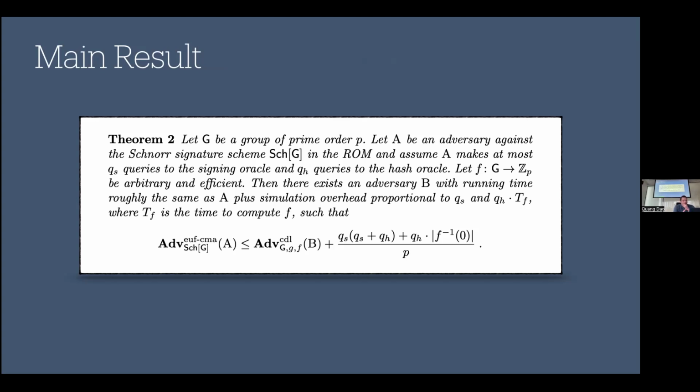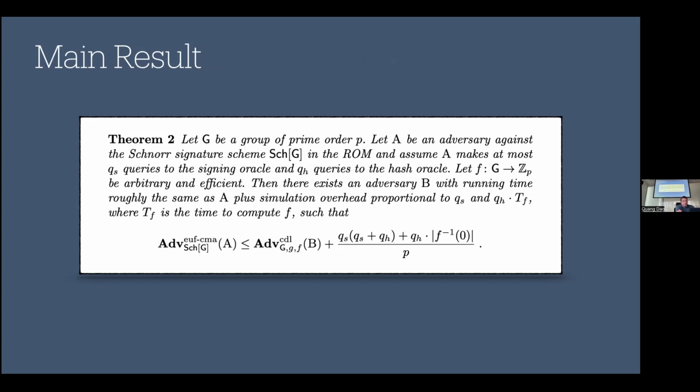The interesting thing is that we have a term proportional to the pre-image size of 0 on the right hand side. If there are too many elements which map to 0, then that's also a problem for our reduction.